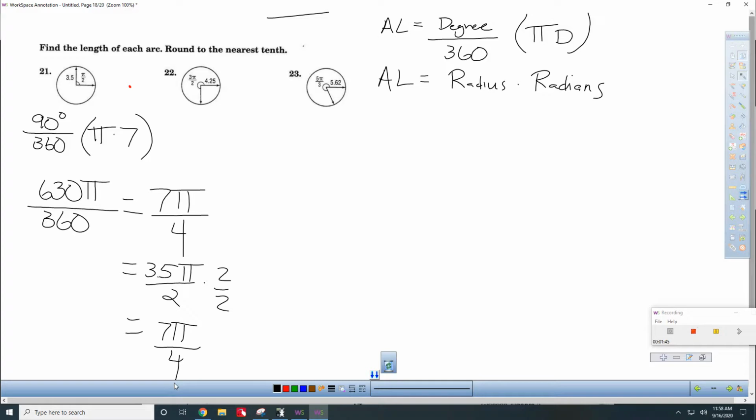So look at this one. 3 times 4.25. So here, if we did the arc length, it is radians times radius. You get, let's see, 12 over 2. Now, to get rid of that 0.75, multiply it by 4 over 4.